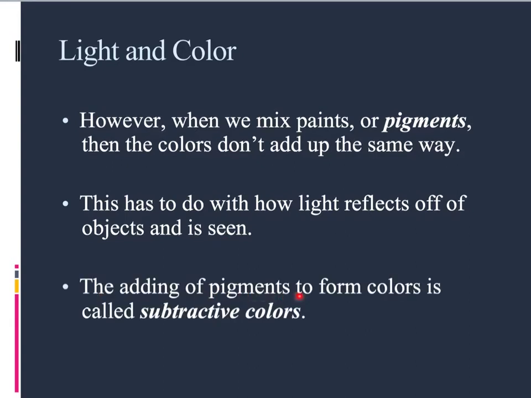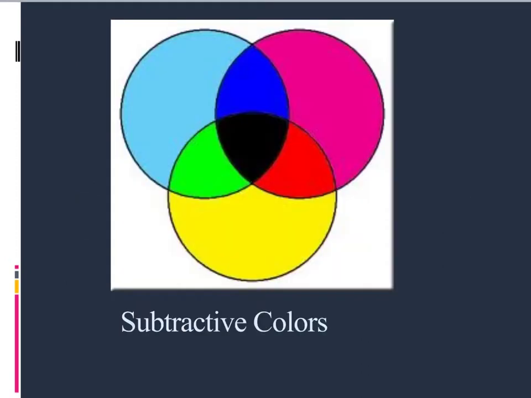And the adding of these pigments to form colors is called subtractive colors. When you add up subtractive colors, you end up with black in the end. This is because subtractive colors absorb light, and they only reflect one color, which is the color that you see.